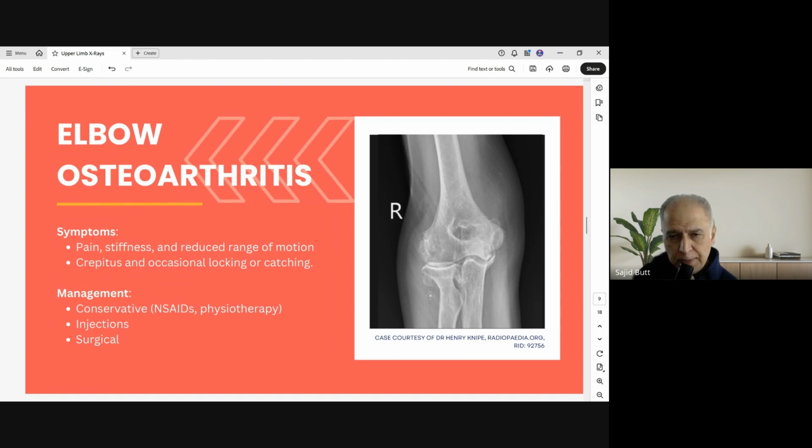Patients usually present with pain and stiffness and reduced range of movement. They may have crepitus on trying to move the elbow joint, articulating bones. Osteoarthritis is the commonest disease affecting humankind, and as we grow older and older, the degree of osteoarthritis increases.